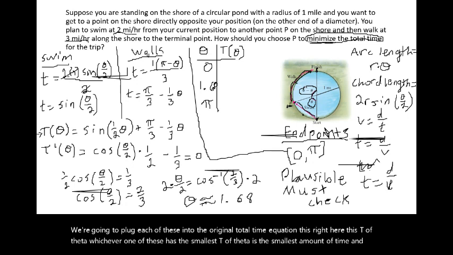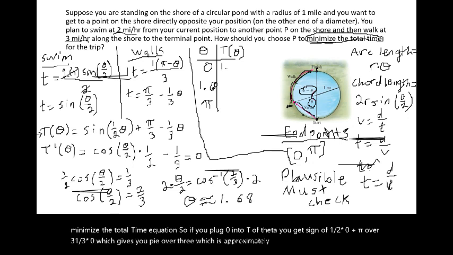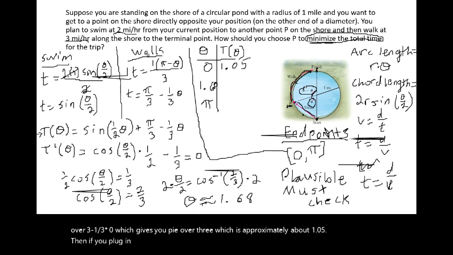So if you plug 0 into t of theta, you get sine of 1/2 times 0 plus pi over 3 minus 1/3 times 0, which gives you pi over 3, which is approximately 1.05. Then if you plug in 1.68 into each spot that you see a theta, you get a total time of approximately 1.23.